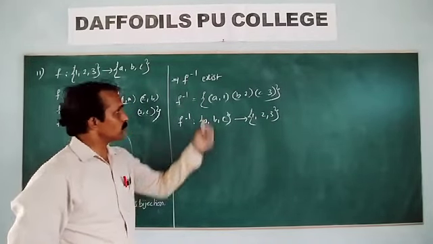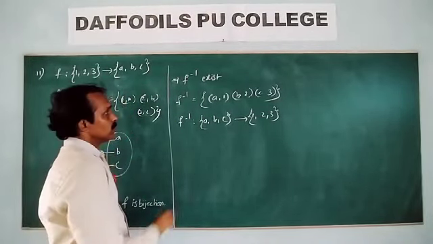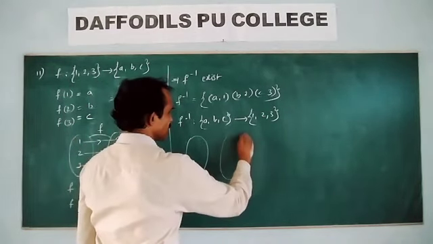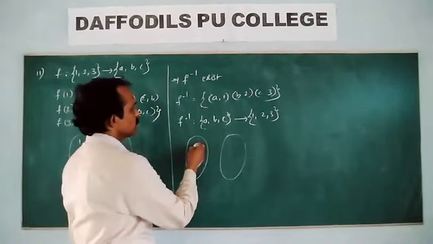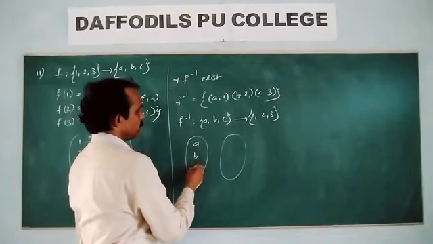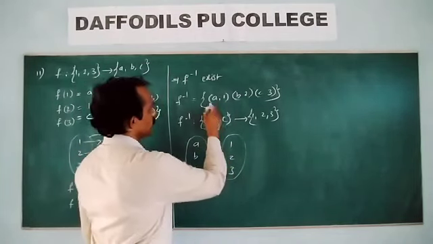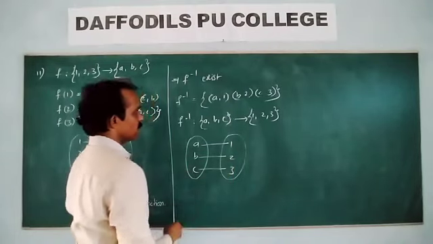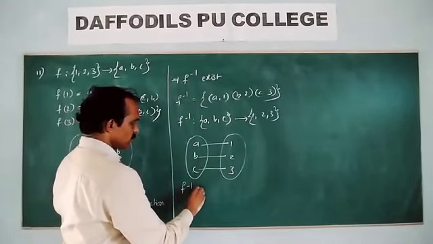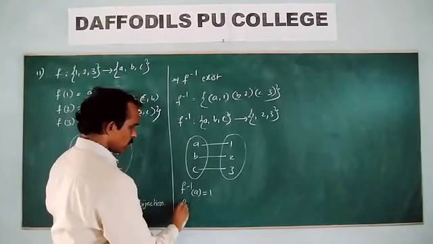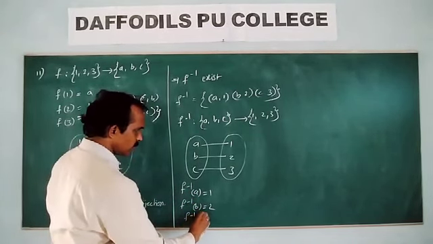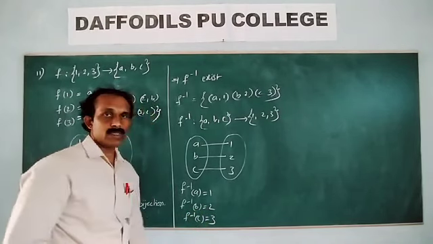They ask for the f inverse value. So f inverse of a is equal to 1, f inverse of b is equal to 2, f inverse of c is equal to 3.